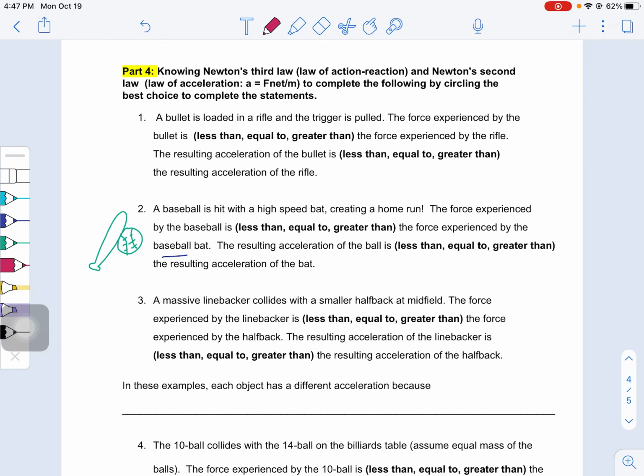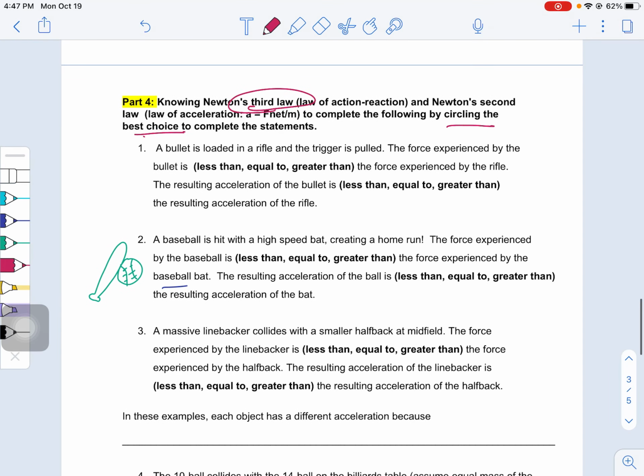Part 4, this is where we really want to focus. We want to circle the best choice here to complete the statements. We've got two objects in every scenario interacting. We want to know what are their forces, and then also what's the resulting acceleration. If we think about what the third law says, for every action, there is an equal and opposite reaction force.